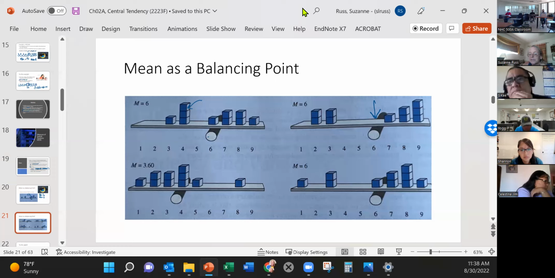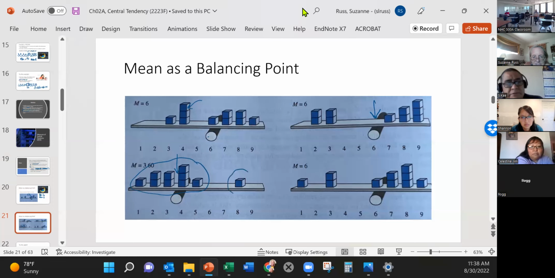The mean can be a weird number. Look at this one. Here we have a mean that's 3.6. Again, it doesn't exist in the data set, but at least it seems to be around where the numbers are clustered. So this is something to note.